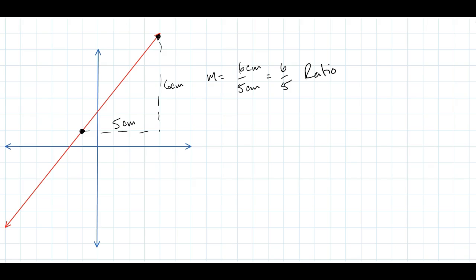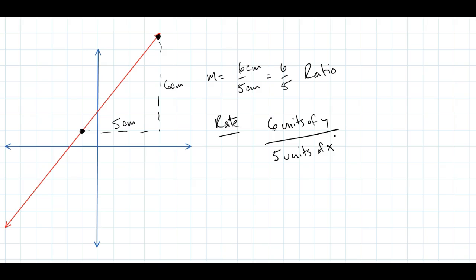But if we think about this as a rate of change, as a rate, things are going to be a little bit different. Because now when we think about it, your vertical change is going to be 6 units of y over your horizontal change, your 5 units of x.